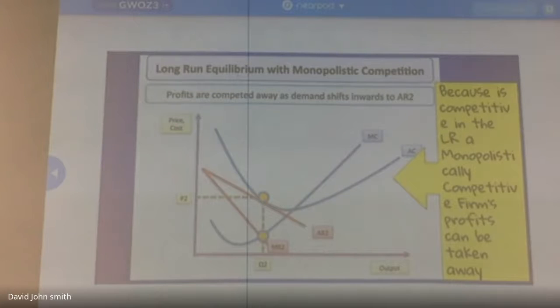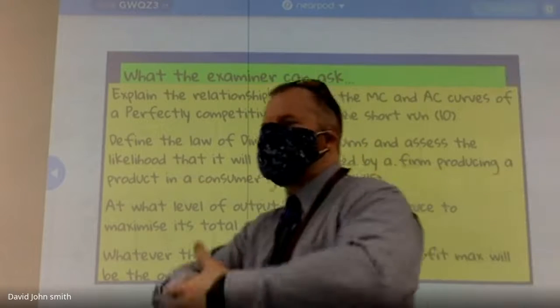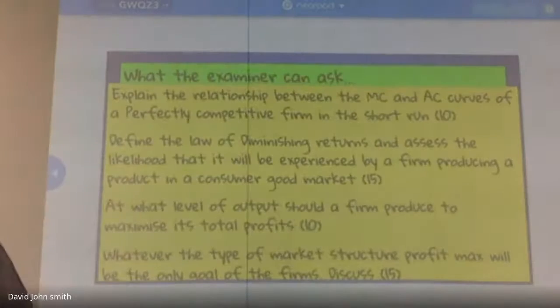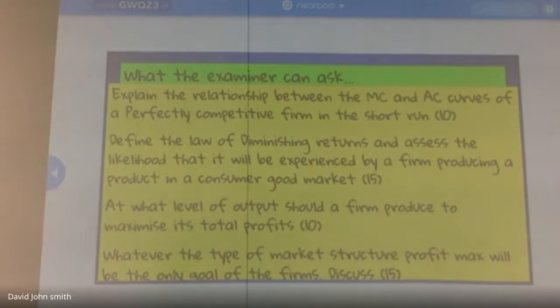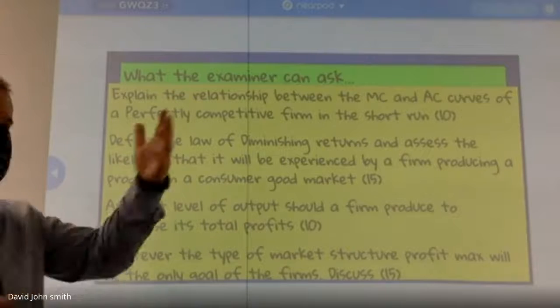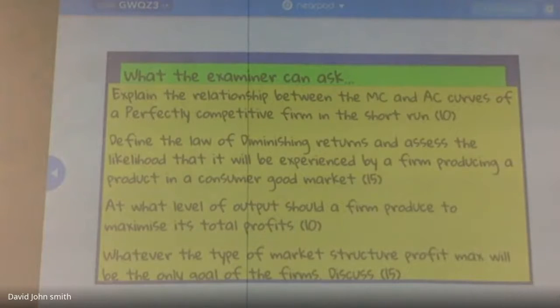So what sorts of things could we expect an examiner to talk about? Well, there's potentially lots. Thinking about the relationship between the curves. This is a very typical question. It's gone back years and years and years. What is the relationship between the marginal cost curve and average cost curve of a perfectly competitive firm in the short run?